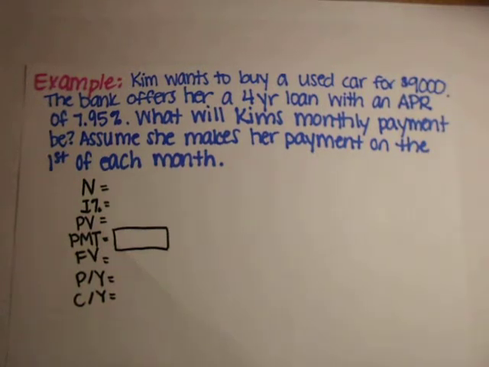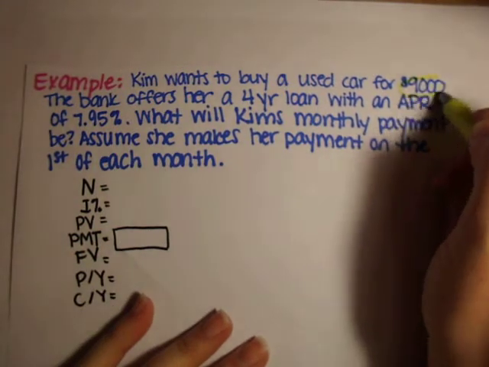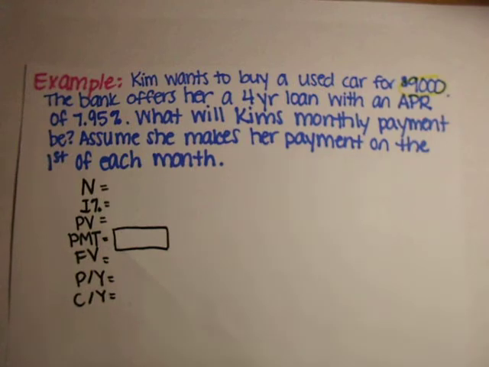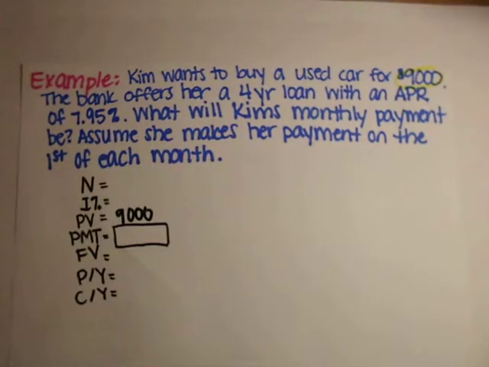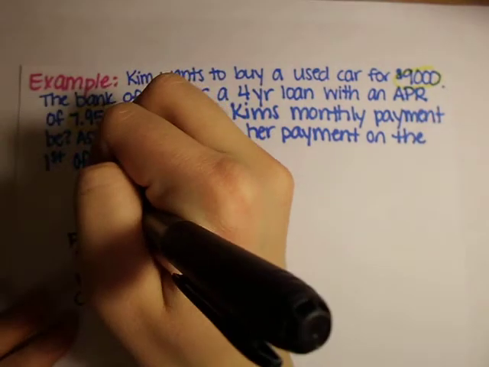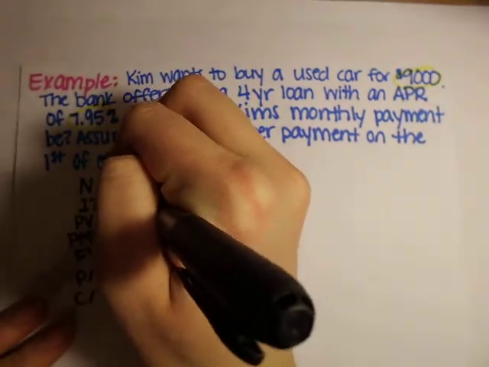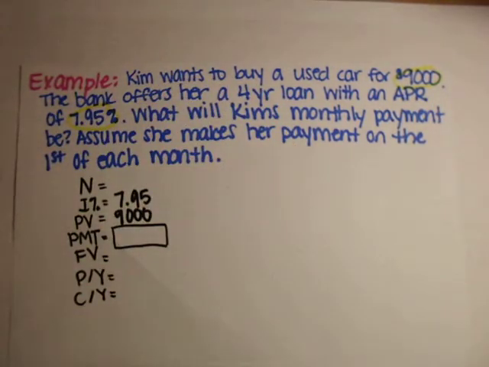So, we know she wants to buy it for $9,000. This will be our present value of the loan. We know the interest is 7.95%. We know we want the future value to be nothing.